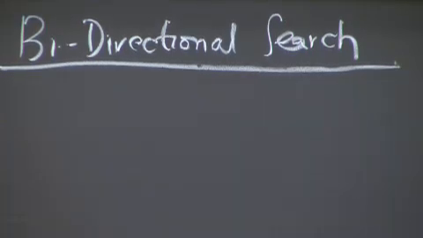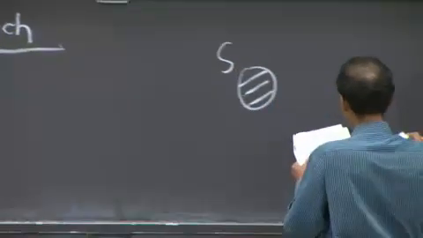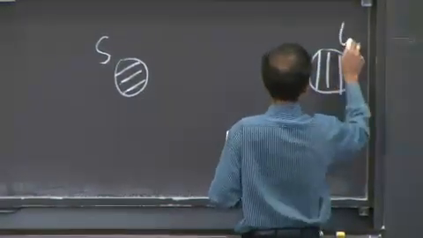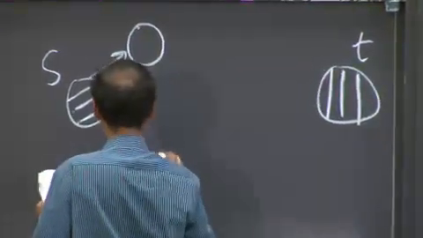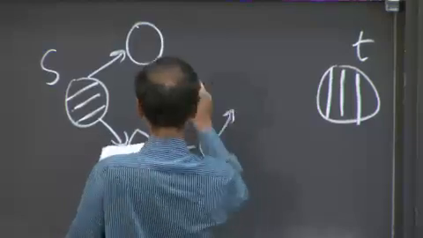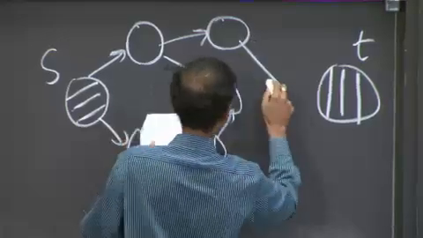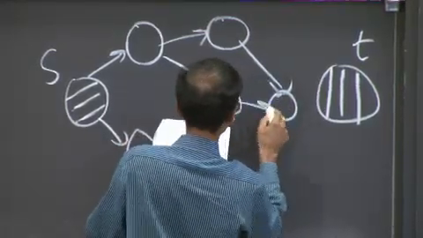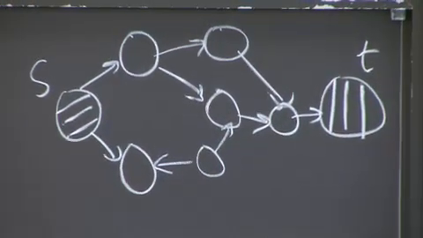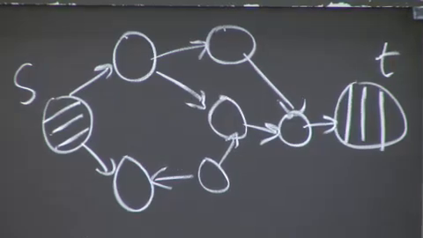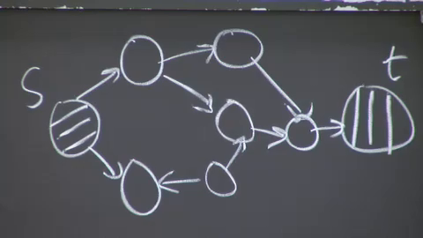And in bidirectional search, what we have is we have S and we have T, and we have a bunch of nodes in between, corresponding to this graph here. And what you do is you alternate search in the forward direction and the backwards direction.